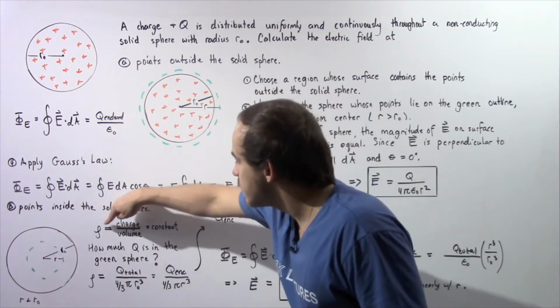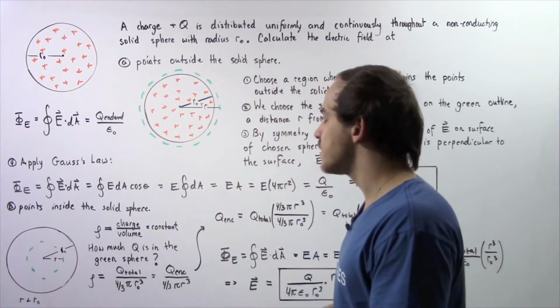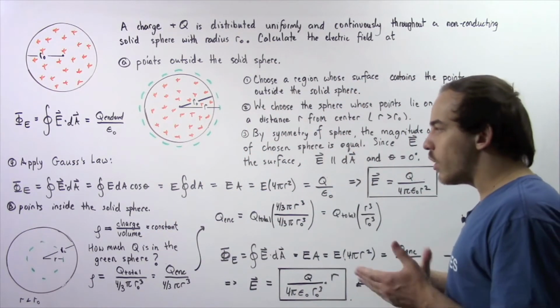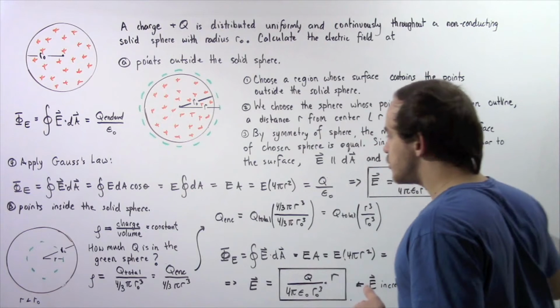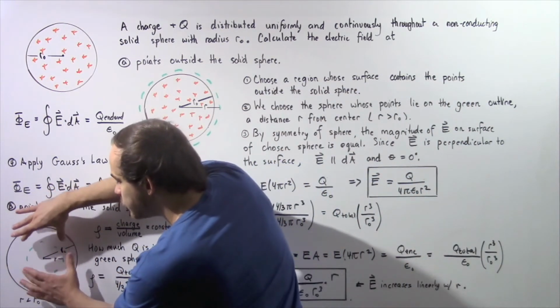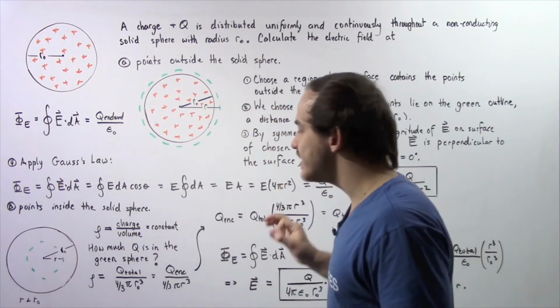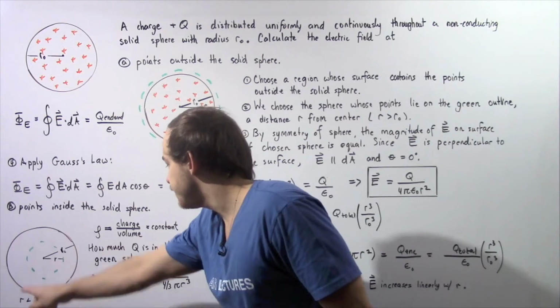So this ratio of charge divided by volume is constant. Now, when we apply this equation, we have to know what the charge is of this chosen region with radius r. So how much charge Q is in this green sphere.